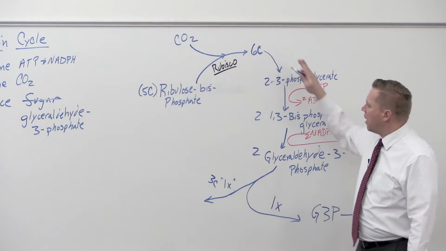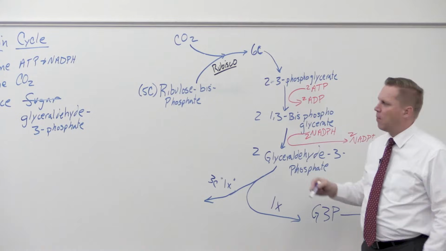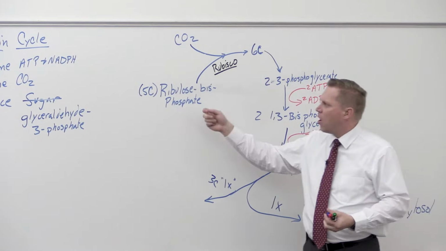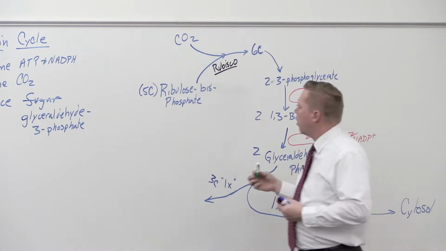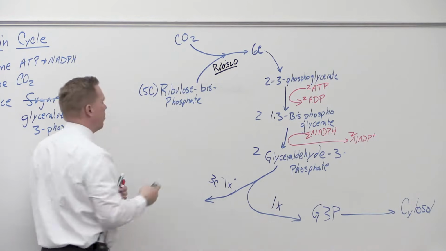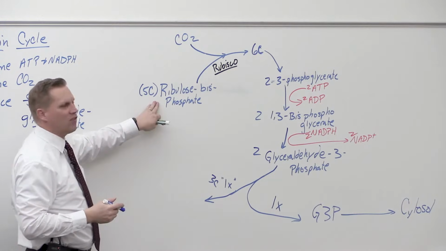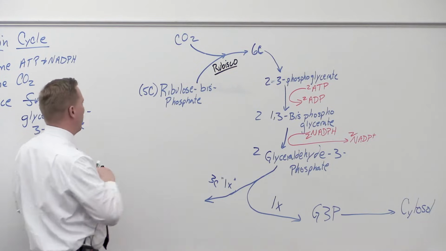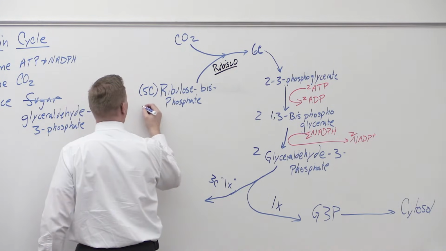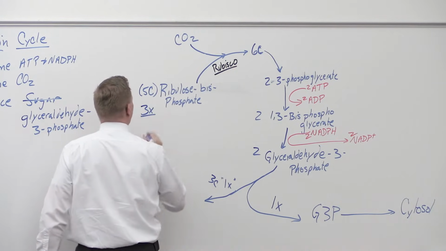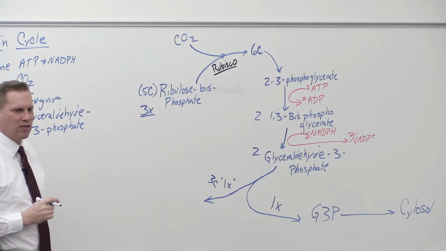The way then we make the Calvin cycle work so that we can balance it is we just start with more ribulose bisphosphate. So watch what happens. Instead of starting with one ribulose bisphosphate, I'm going to start with 3 ribulose bisphosphates.